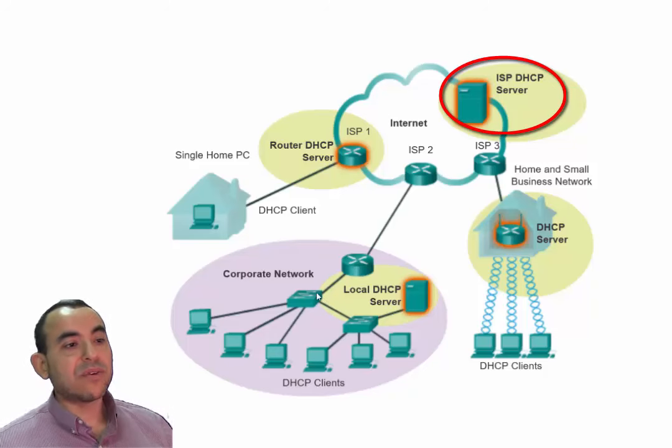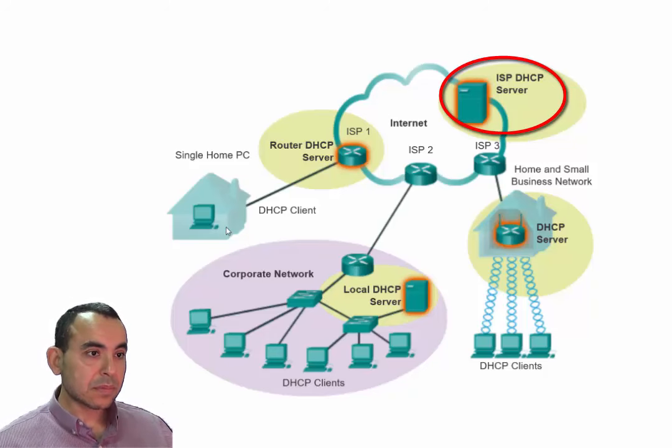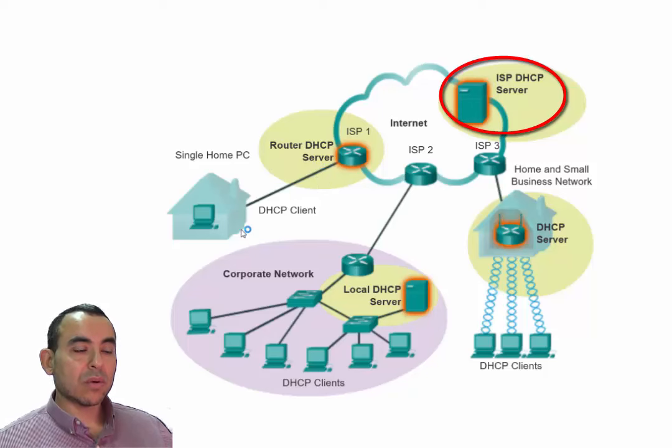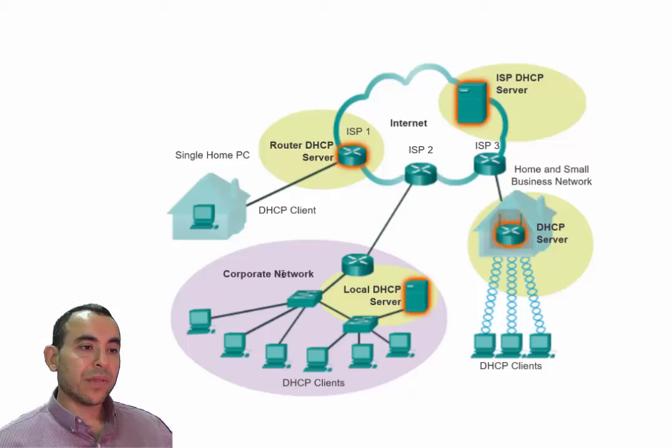So first it starts by sending a broadcast to all the machines on the network to ask if there is any DHCP server, and then the server will send back a response that I'm the DHCP server, and then it offers a certain range of IP addresses that the client can then select one IP address from, and then the server will lease or give this IP address to the machine.